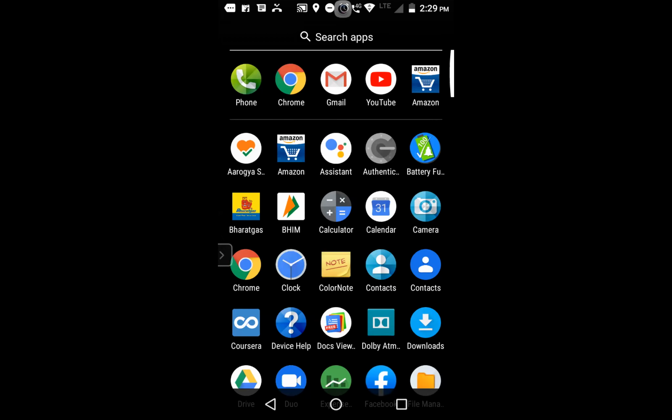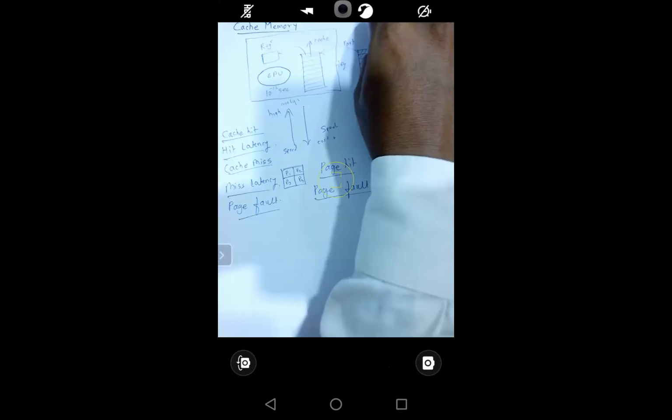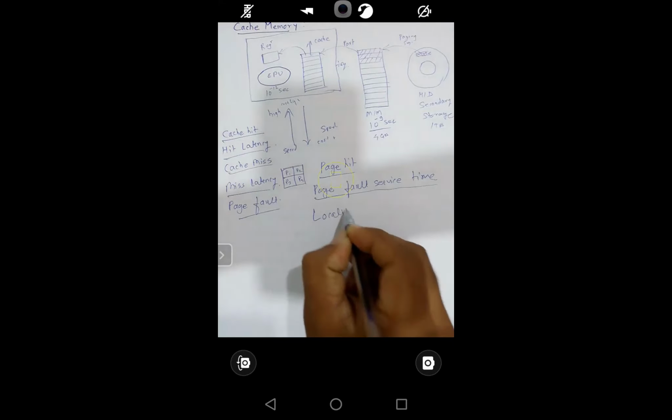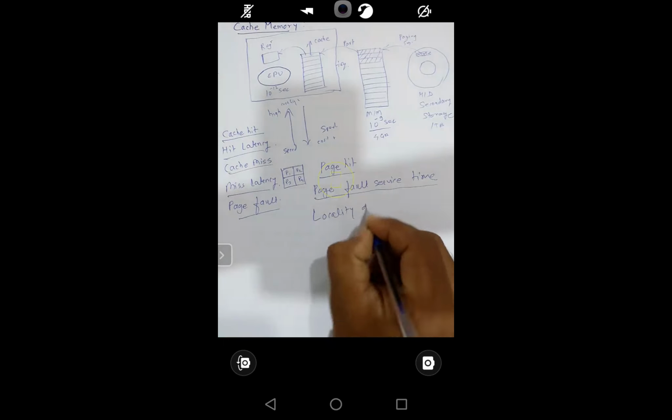Okay. The next concept is locality of reference. We have already discussed locality of reference.